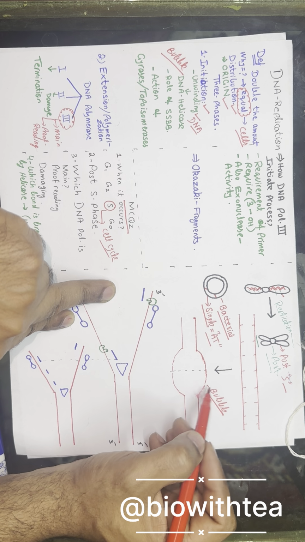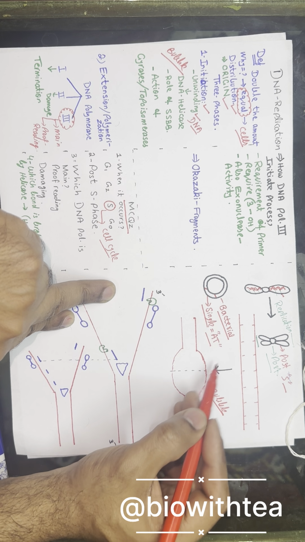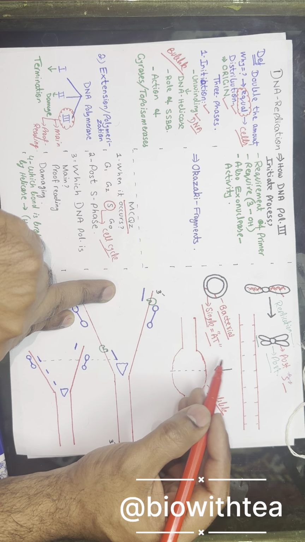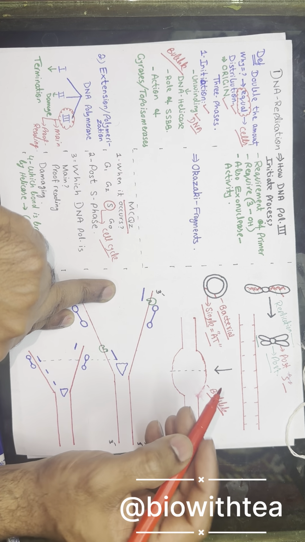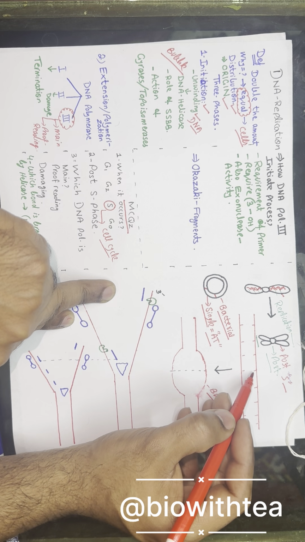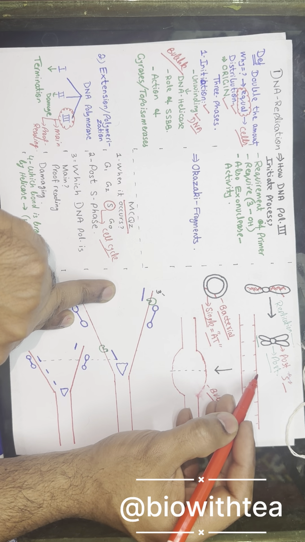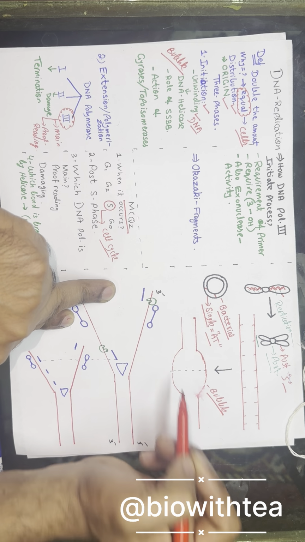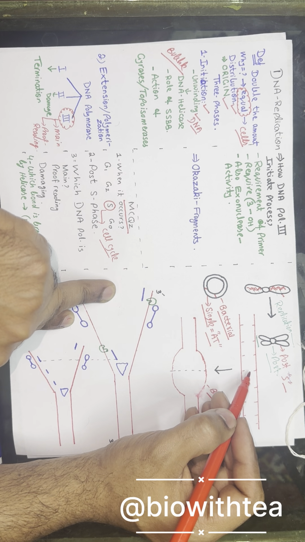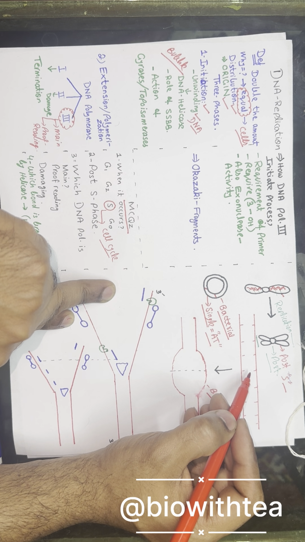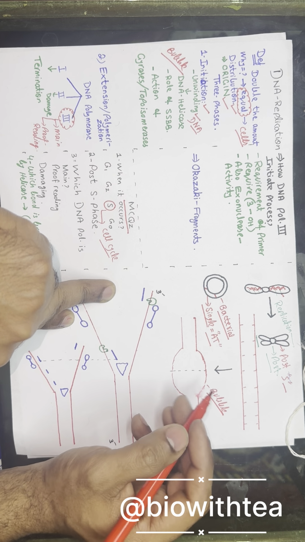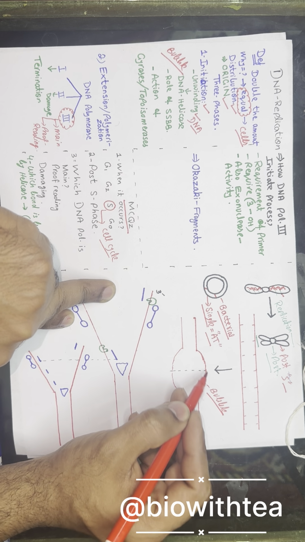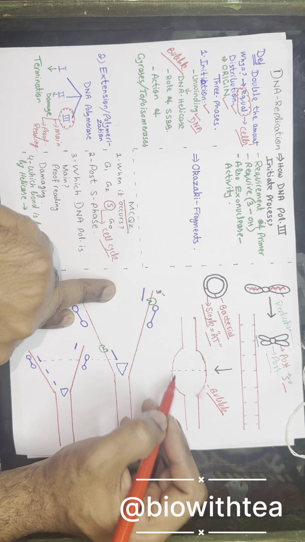There was a specific type of sequence, a specific region from where the replication started. And how was it started? Keep focus. These two strands become separated from each other, meaning the hydrogen bonds which were present between them have been broken. That is why this bubble-like appearance appears.